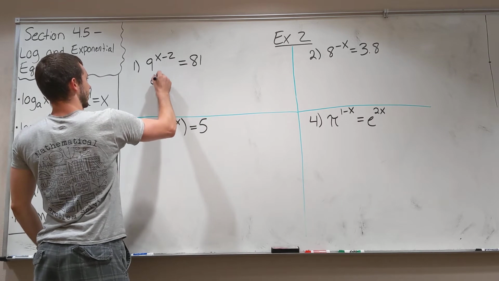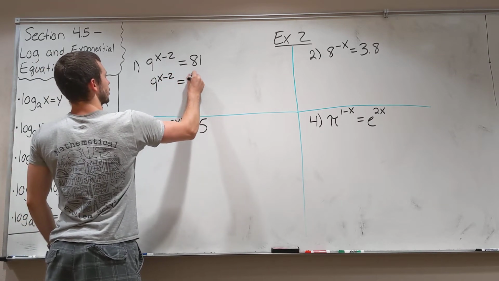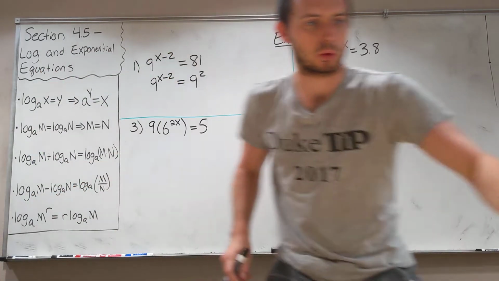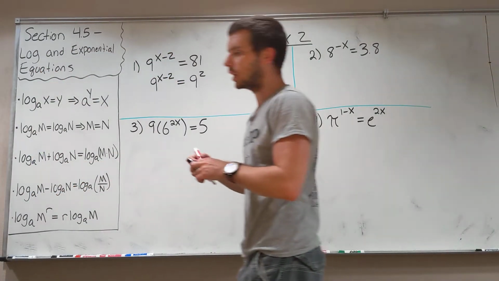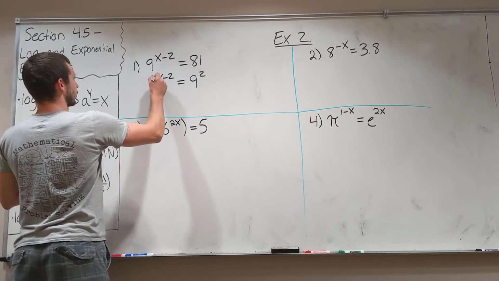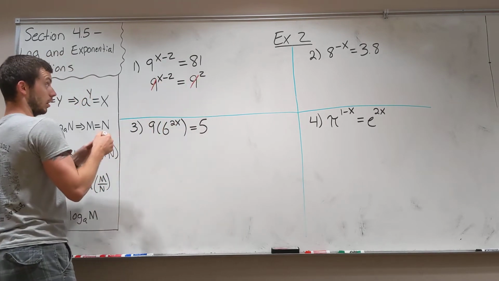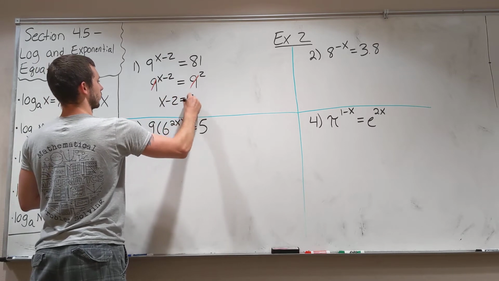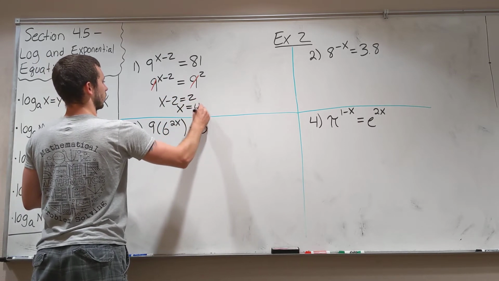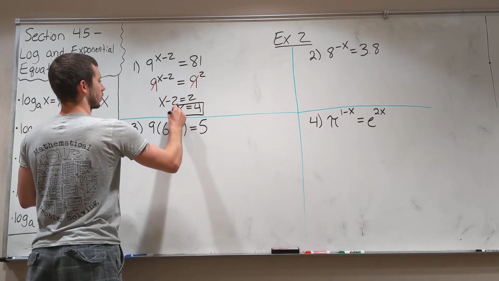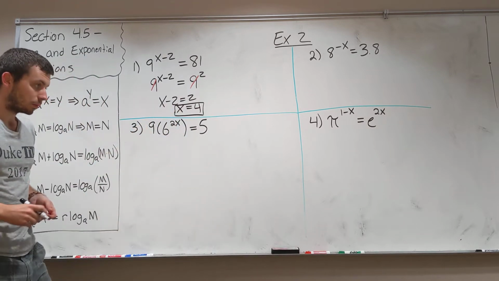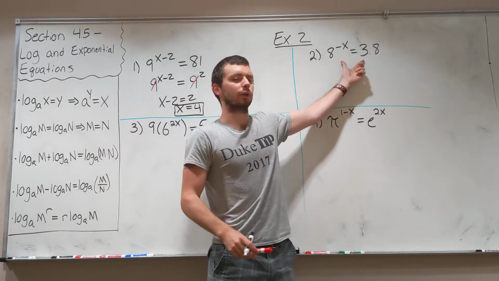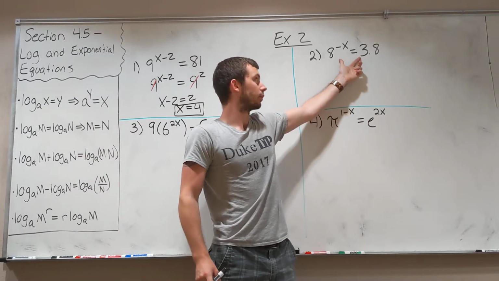So for a problem like this, we would change 81 as 9 squared, and the only reason that we would make that modification is because the 9's would cancel out, and we would be left with the exponents. So just like that.